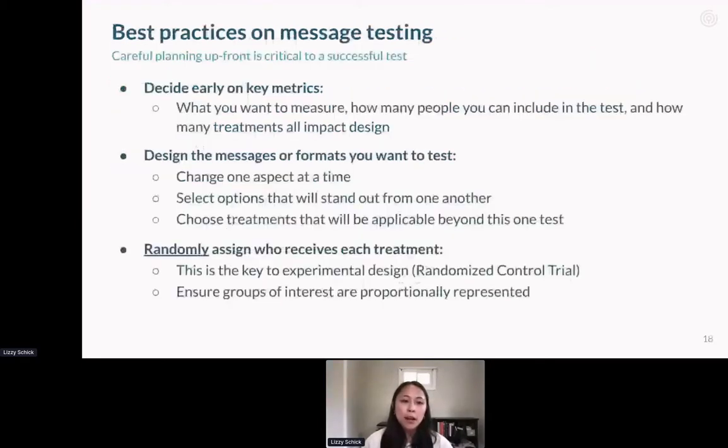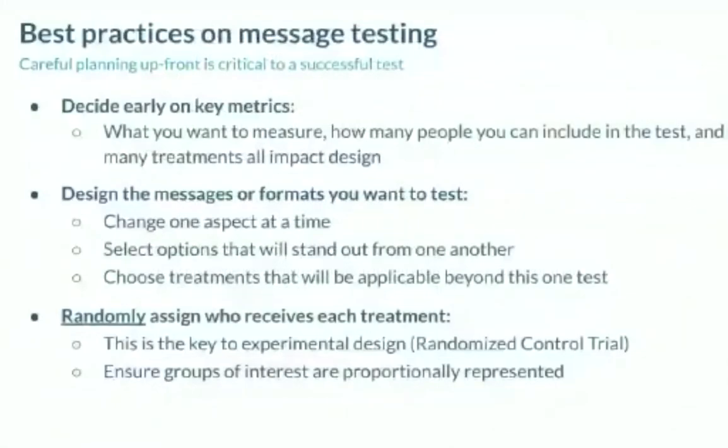But generally, as with everything here, there are a lot of best practices you really want to keep in mind, which is why it's very important to know a lot about the methodology behind these data-driven tools. But here, a couple things that we would recommend keeping in mind are knowing your key metrics up front, and that might be what exactly you're measuring with your outcome variables, thinking about how many respondents and what population you include, how many treatments you want to compare.